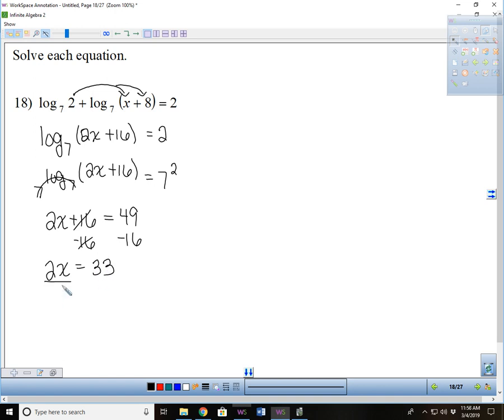Then I'm going to divide by 2, so x is equal to 33 over 2. Now, since this is an equation, I've got to check my answer. If I take 33 over 2 and add 8 to that, that would still be a positive number, so I can take the log of a positive number.